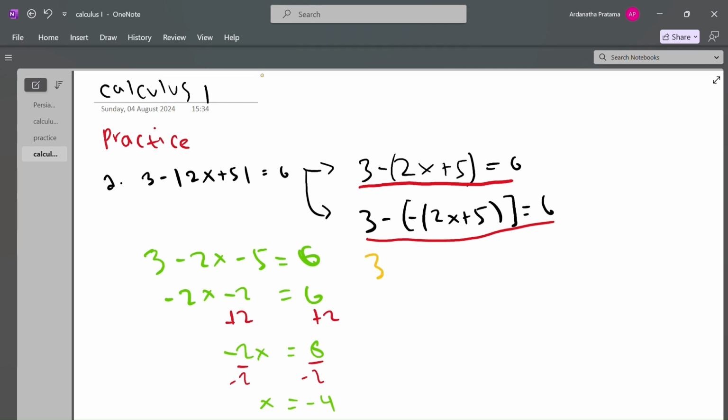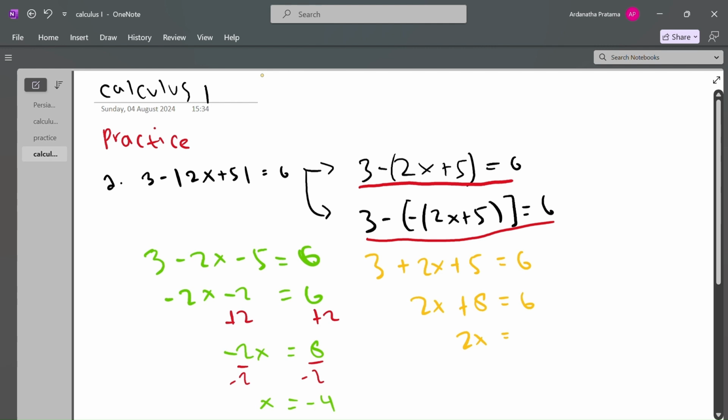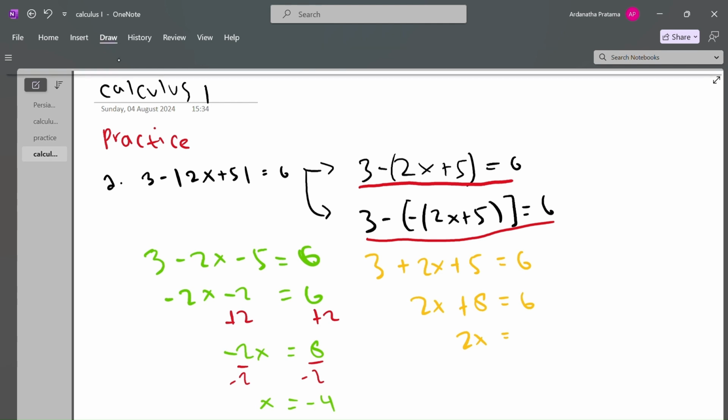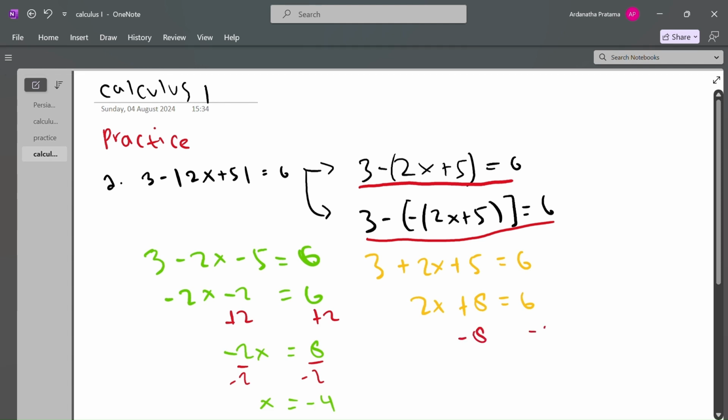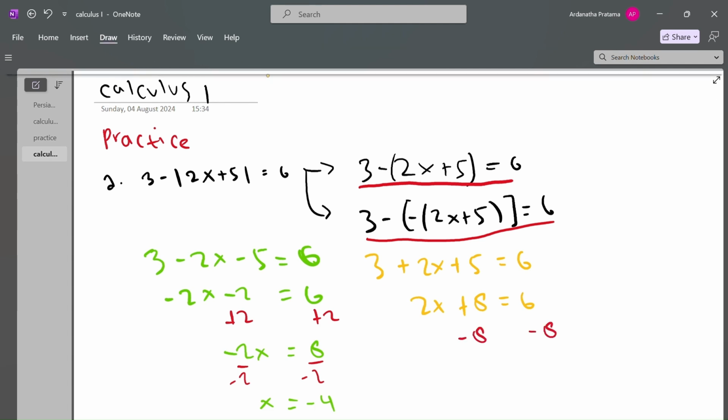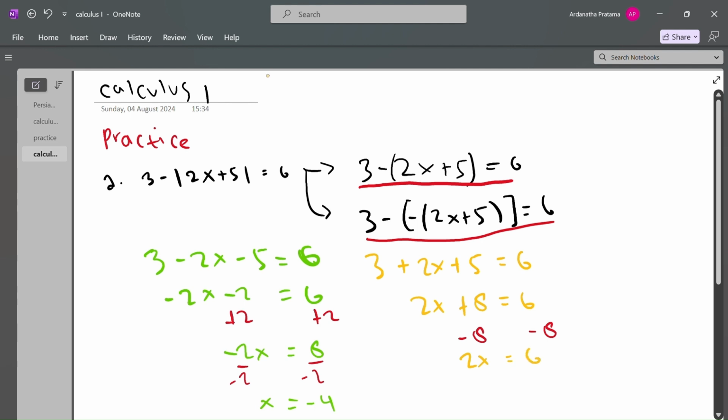So the second equation is here. 3 plus, because minus times minus is plus, 2x plus 5 equals 6. Now we have 2x plus 8 equals 6. And now we subtract 8 from both sides, and we get 2x plus 0 because 8 minus 8, and 6 minus 8 is minus 2.